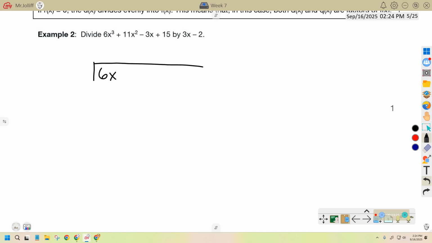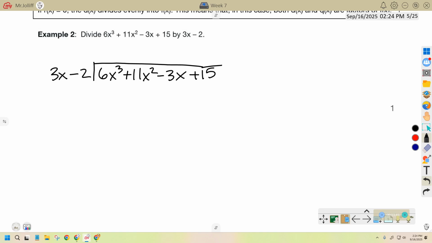So dividend inside. And I did not account for how big my handwriting is. Divisor outside. Focused on the leading term of my divisor only.